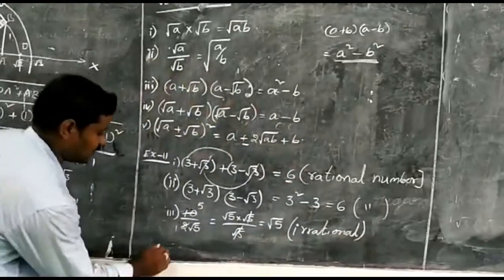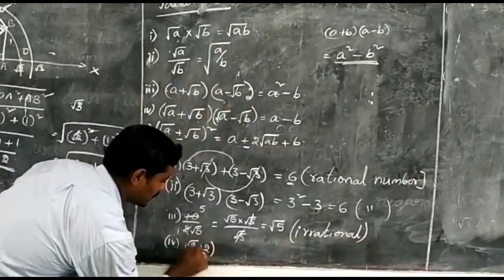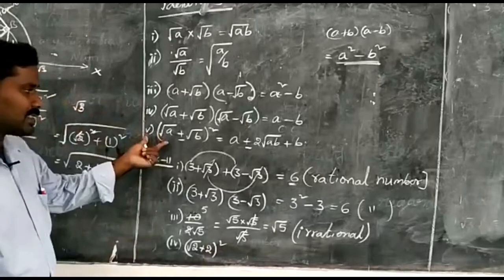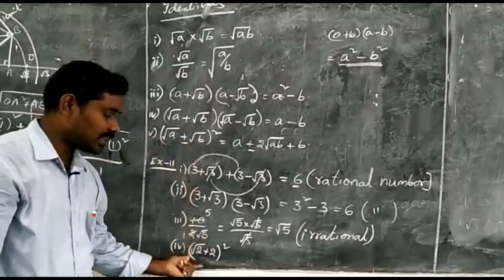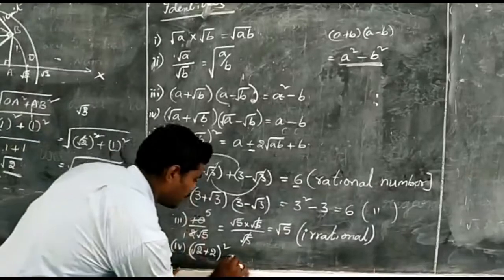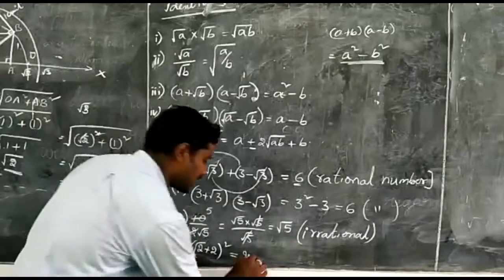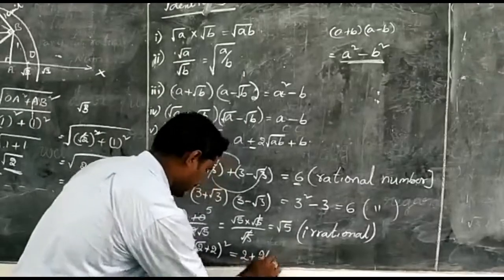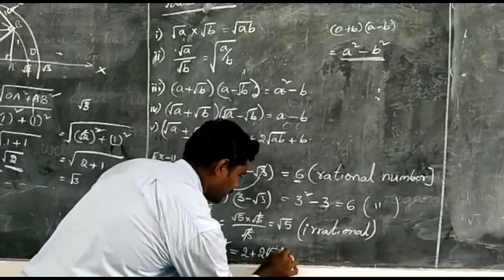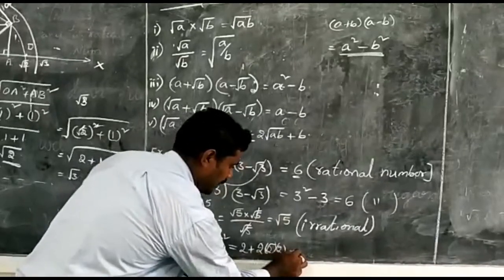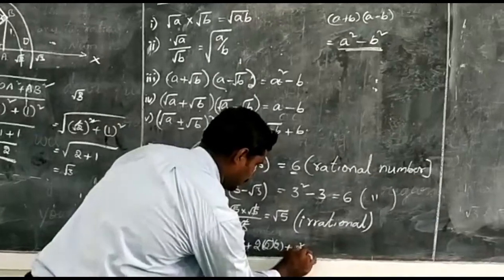Good. Now last question: (root 2 plus 2) whole square. Yes, you can apply this last formula. But in the formula both have square roots, but here only one number has. Now same, (a plus b) whole square: a square, root 2 whole square, 2, plus 2 into a, root 2, into b, 2, 2 into root 2 into 2, plus b square, 2 square.